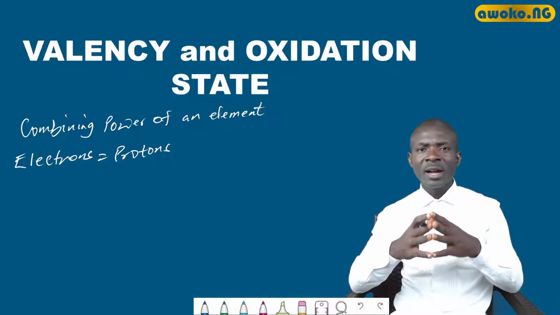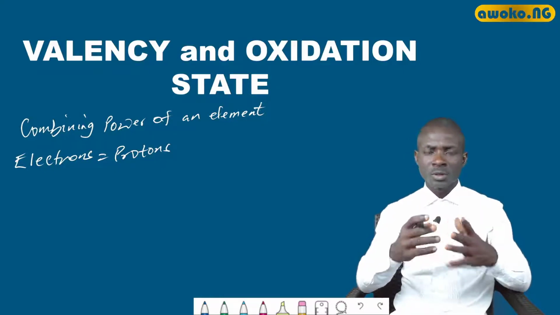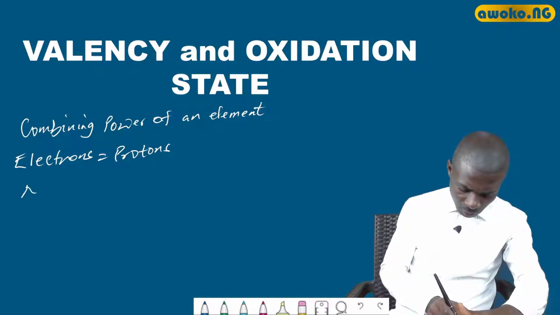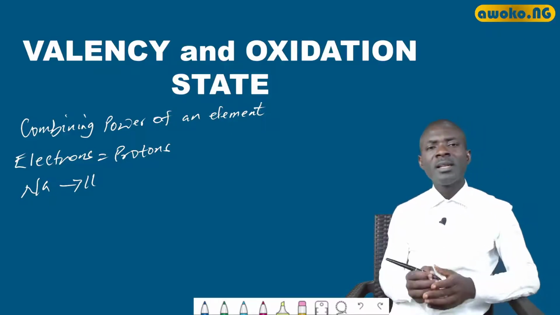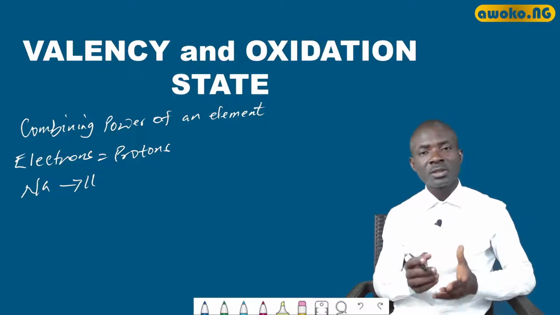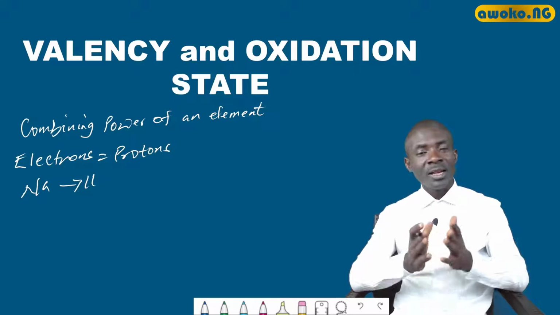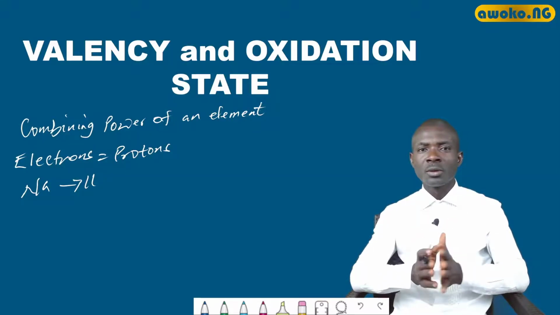So if I have an atom, let's take for example sodium, which atomic number is 11, meaning the number of electrons in sodium is also equal to 11. And the number of protons is also equal to 11.